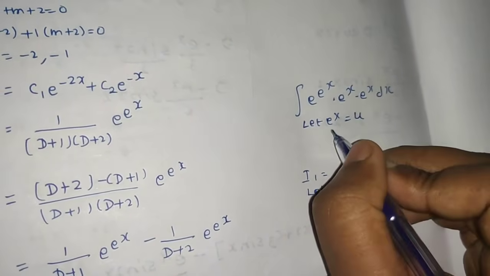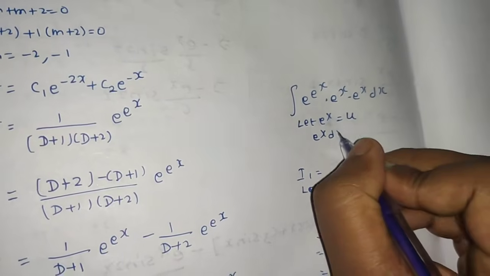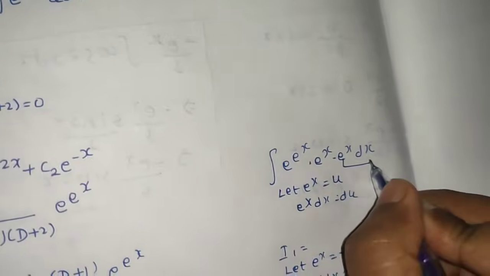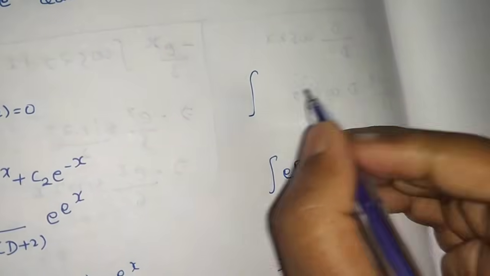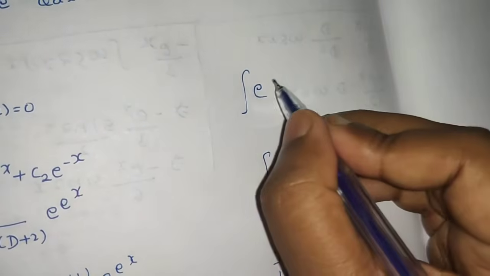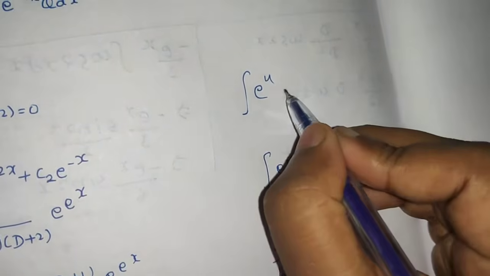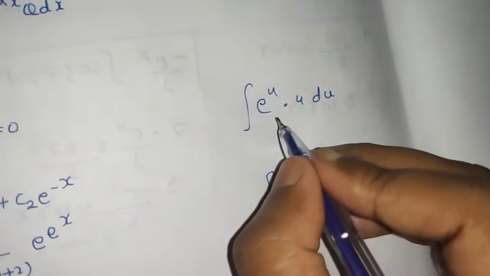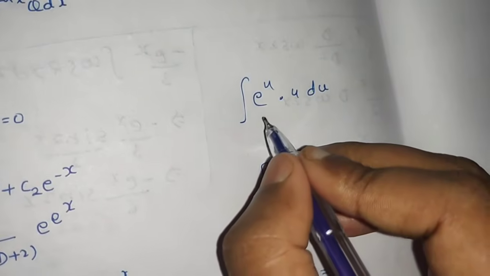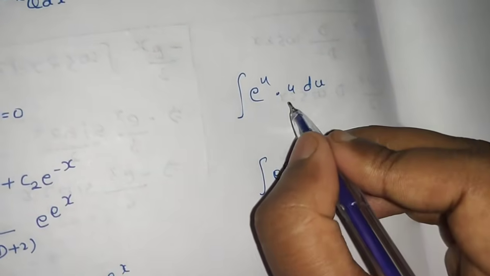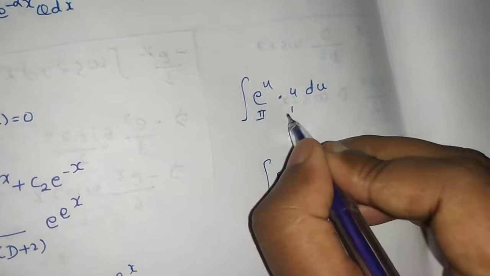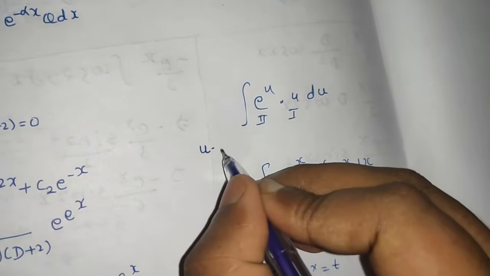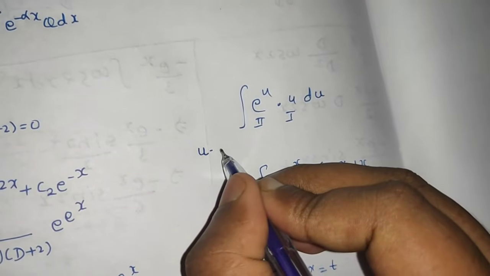So e power x dx equals du, and our integral converts to integral of u e power u du. According to ILATE, exponential comes last, so the second function is e power u, the first function is u. First function as it is, integration of e power u is e power u only.